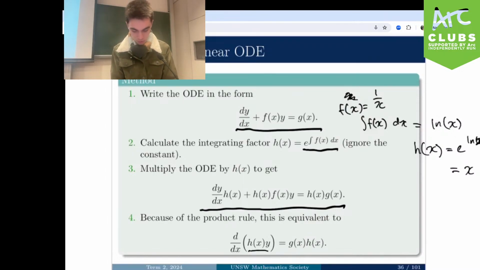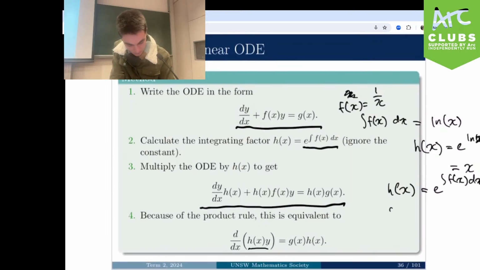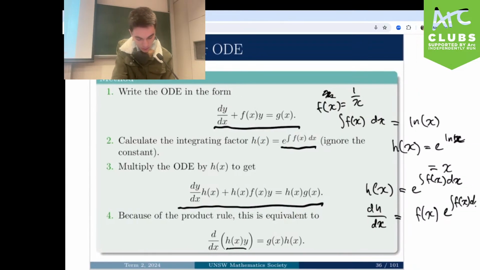And the reason this is true is because if h of x is equal to e to the integral of f of x dx, then the derivative of h is going to be equal to f of x times e to the integral of f of x dx, right? This is just chain rule, which is itself just equal to f of x times h of x, right?